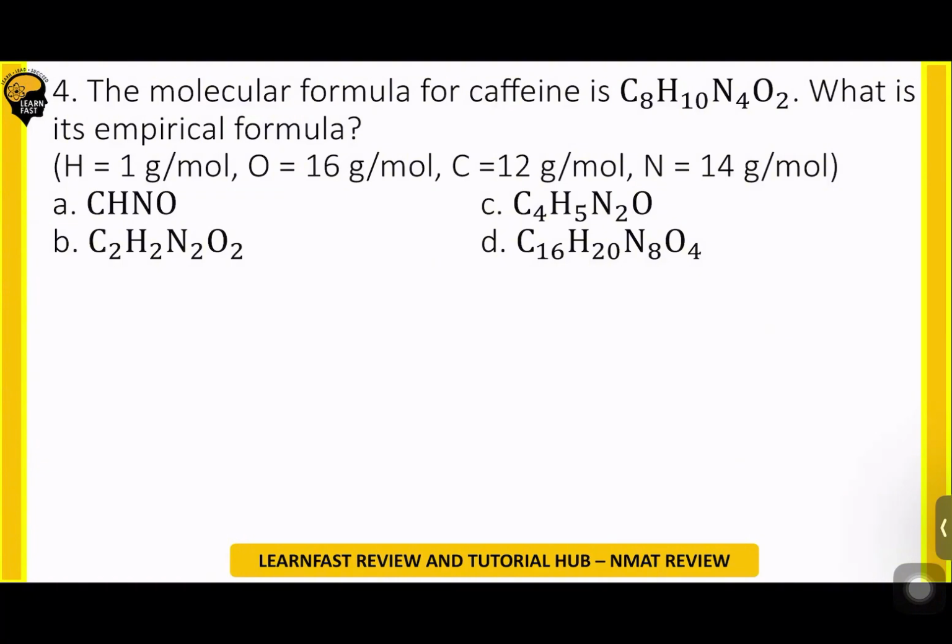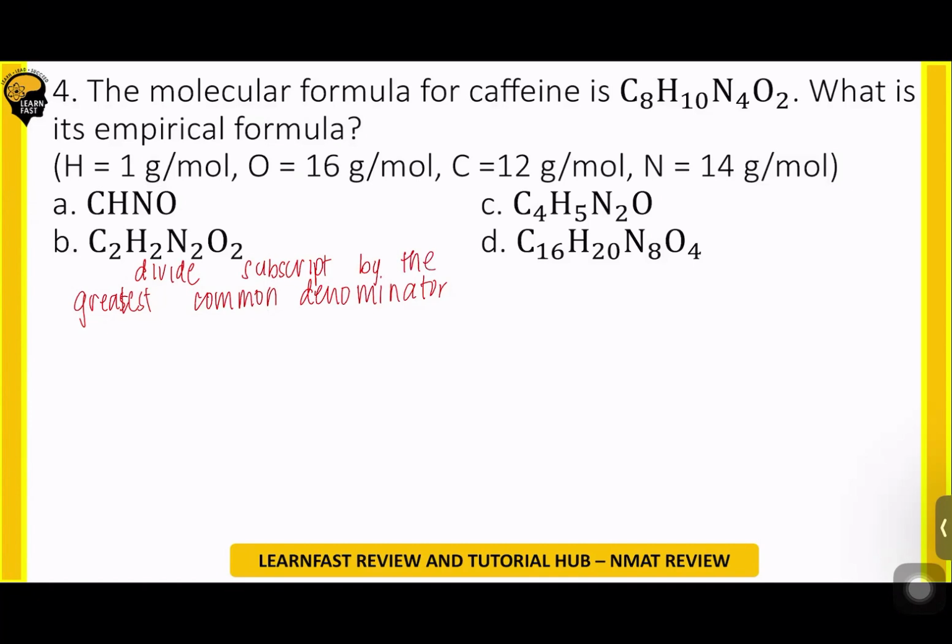So how do we get the empirical formula? We get the greatest common denominator of the subscripts. So in this case, 8, 10, 4, and 2. And then we divide each subscript by the greatest common denominator.